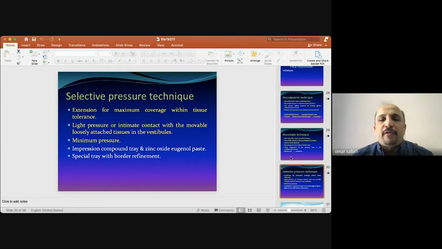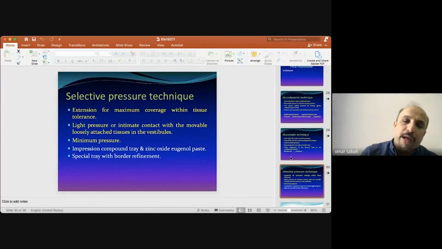The extension is the maximum coverage within the tissue's tolerance, with light pressure or intimate contact with the movable loose and attachment tissue, especially in the vestibules, and minimum pressure. For the impression, you can use compound tray or zinc oxide eugenol paste, a special tray with the borders relieved.